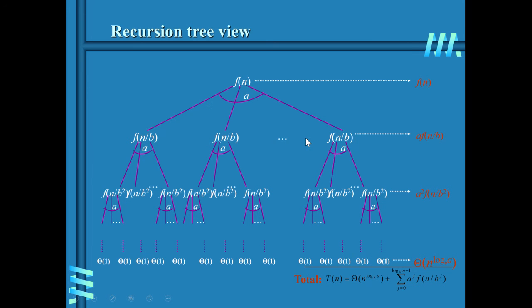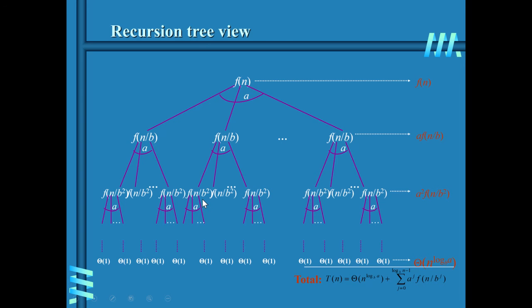To conquer these a groups, we need a runtime of a f(n/b), right? Then for each subgroup, you cut it into other smaller subgroups, and each group is n divided by b to the power of 2.